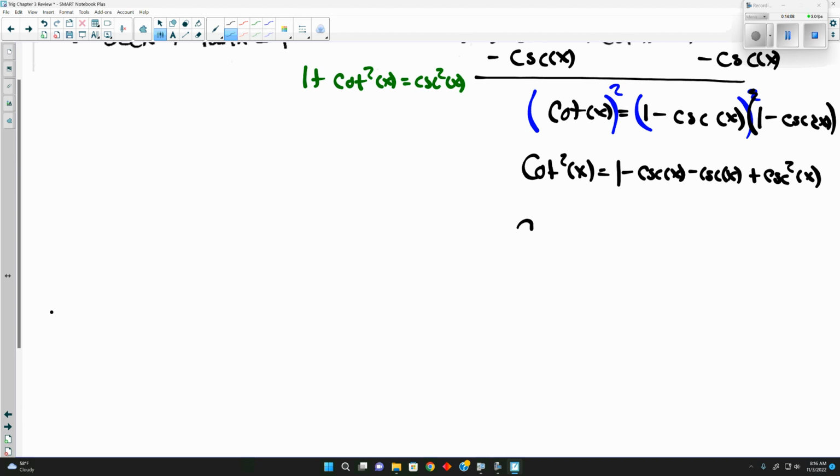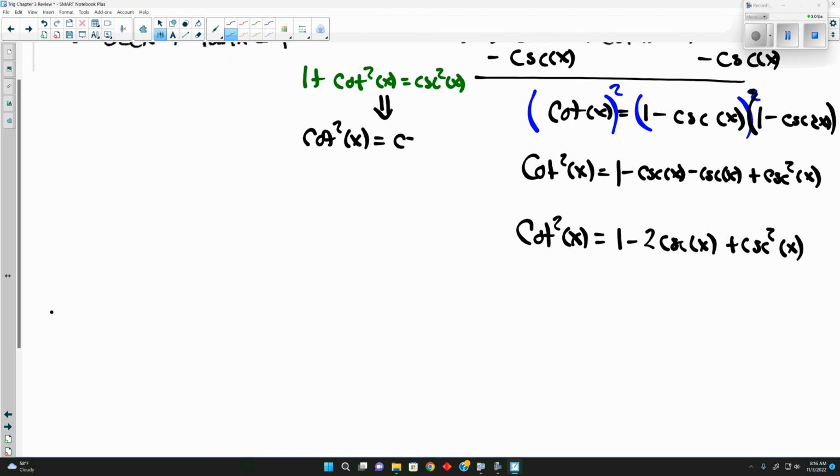So what we end up having is cotangent squared of x is equal to 1 minus 2 cosecant of x plus cosecant squared of x. Now we could replace cotangent squared with 1 plus cosecant squared, or we could replace cotangent squared of x with cosecant squared of x minus 1.